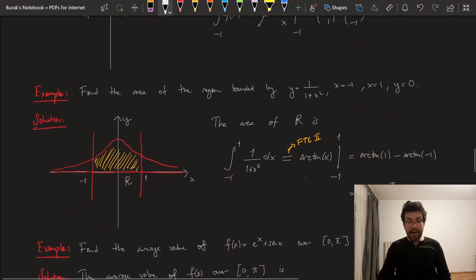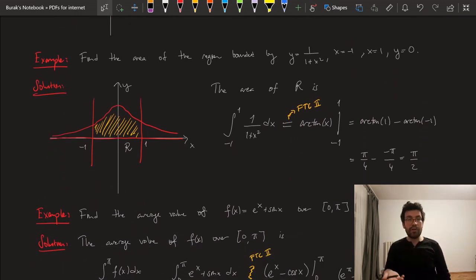And then afterwards, we solved a couple of questions in which we applied the fundamental theorem of calculus. A very basic area question where we found the area of a region bounded by 4 curves, and this region turned out to be the region between the graph of 1 over 1 plus x squared and the x-axis between minus 1 and 1. So the area of that region can be computed by a definite integral, but that definite integral can't be computed via Riemann sums.